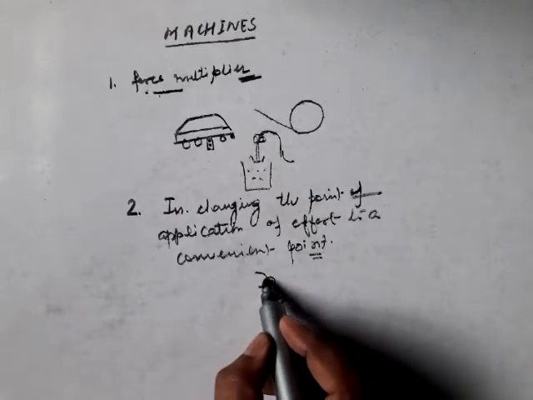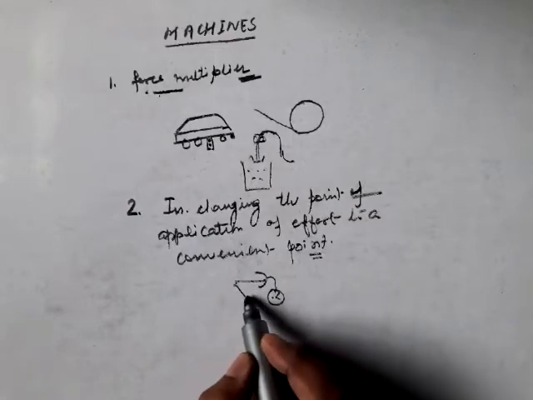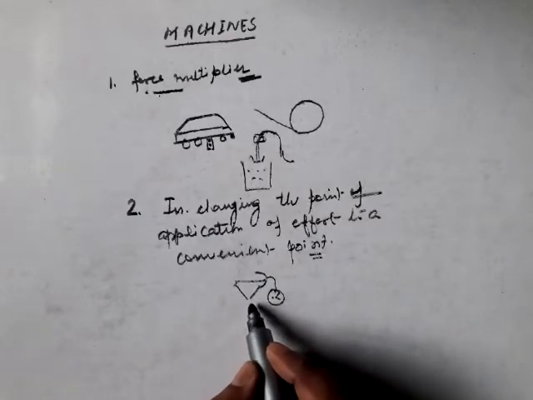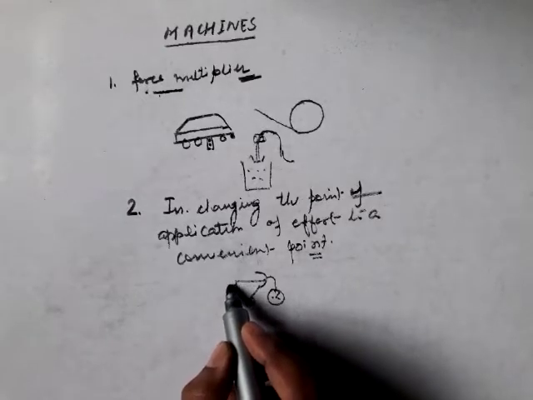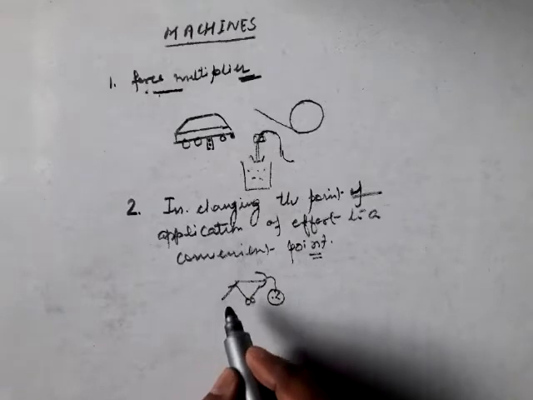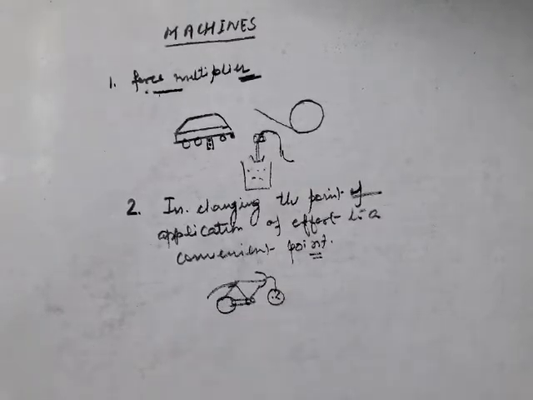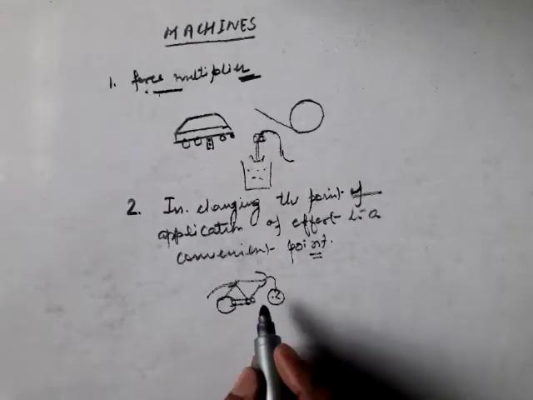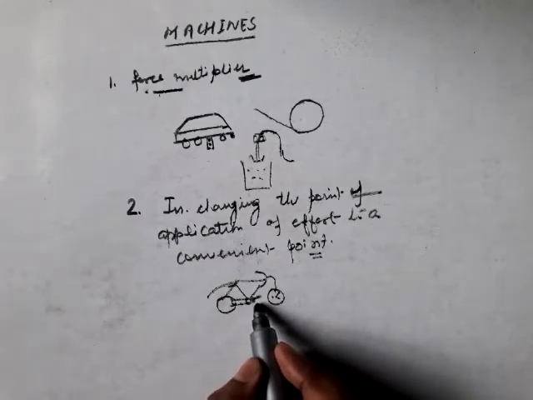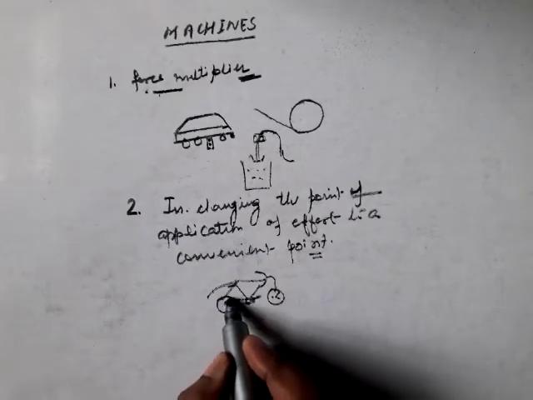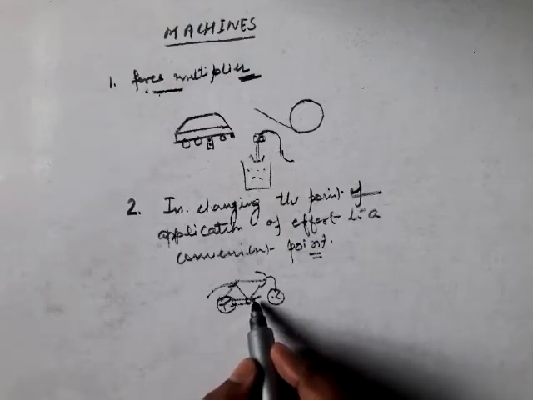Suppose this is the pedal, and this is connected with the help of a chain. Here, at the pedal, we are applying the force, and this force is attached to the rear wheel, and it is helpful while applying a less force on the pedal.